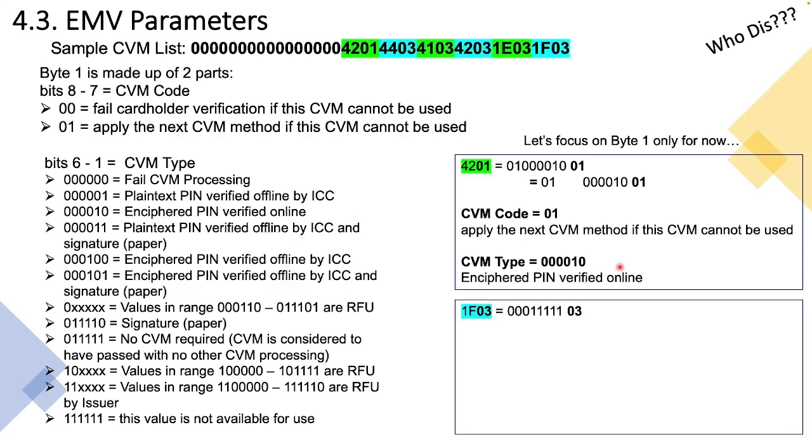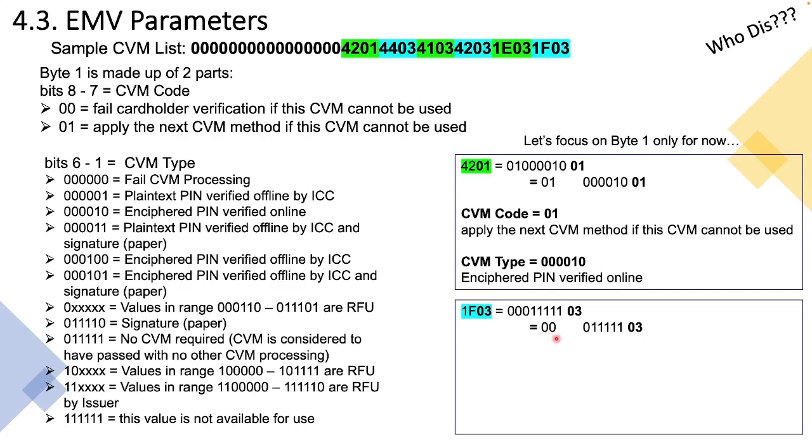Let's look at another example. So I've chosen the last one, which is 1F03. Okay. 1F, if you convert it from hex to binary, you'll get 00011111. But let's just break it up.